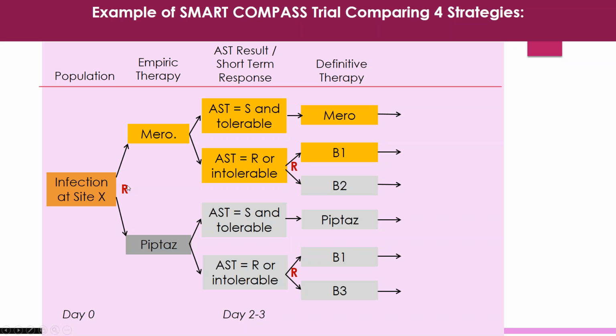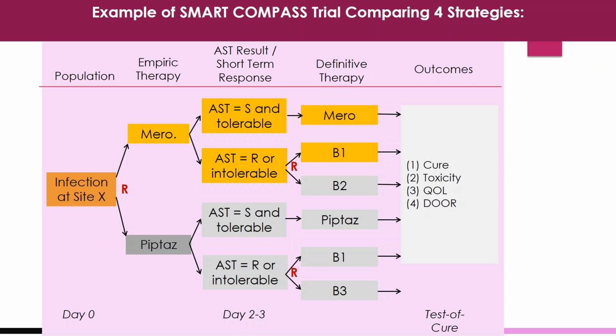We have to make a decision on day 0. We have to make another decision on day 2 or 3 when we get susceptibility testing results back, and we have some knowledge about the tolerability of the antibiotic choice.